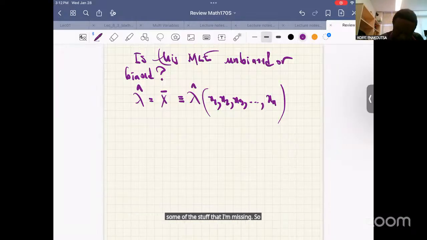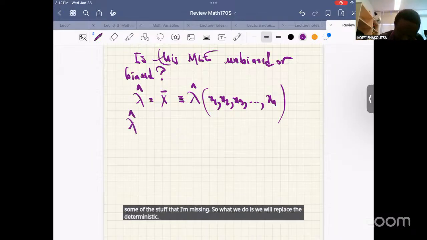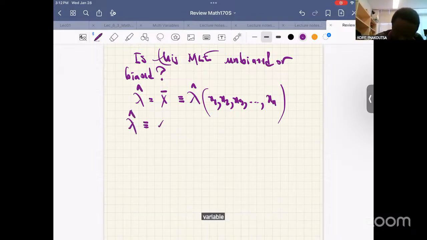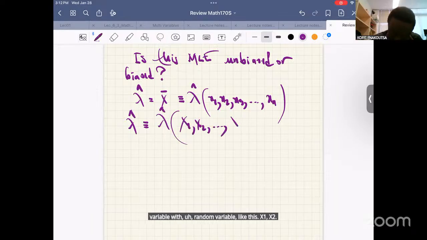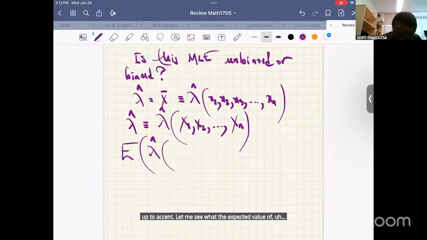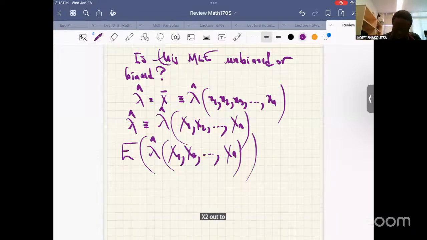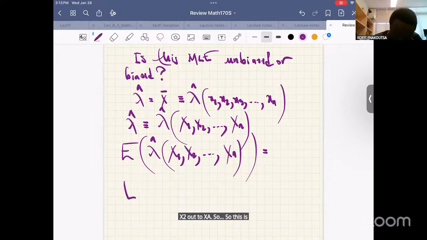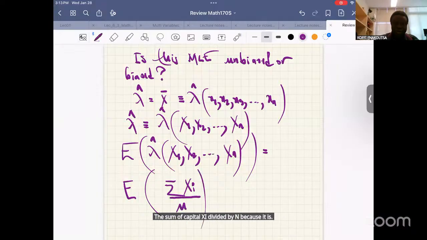So what we do is replace the deterministic variables with random variables, like this: X1, X2, up to Xn. Then we see what the expected value of lambda hat is. This is just the expected value of the sum of capital Xi divided by n, because it's just the mean.